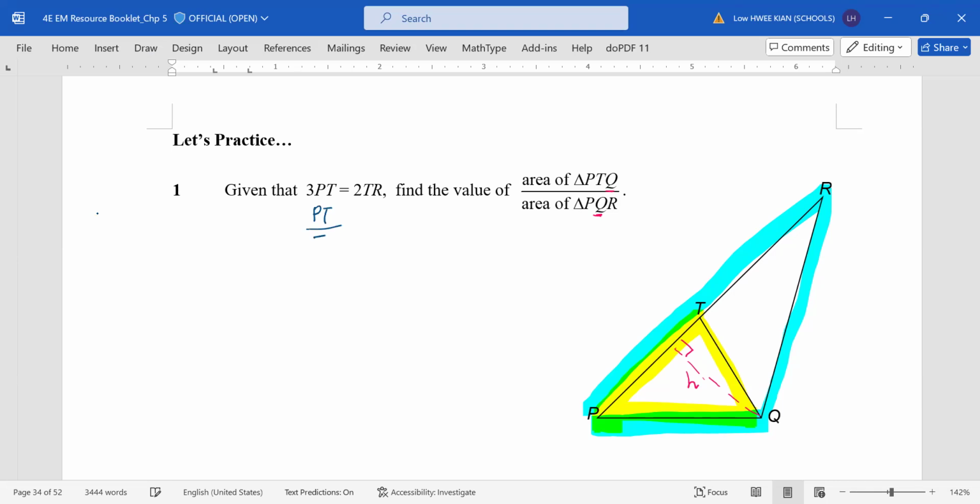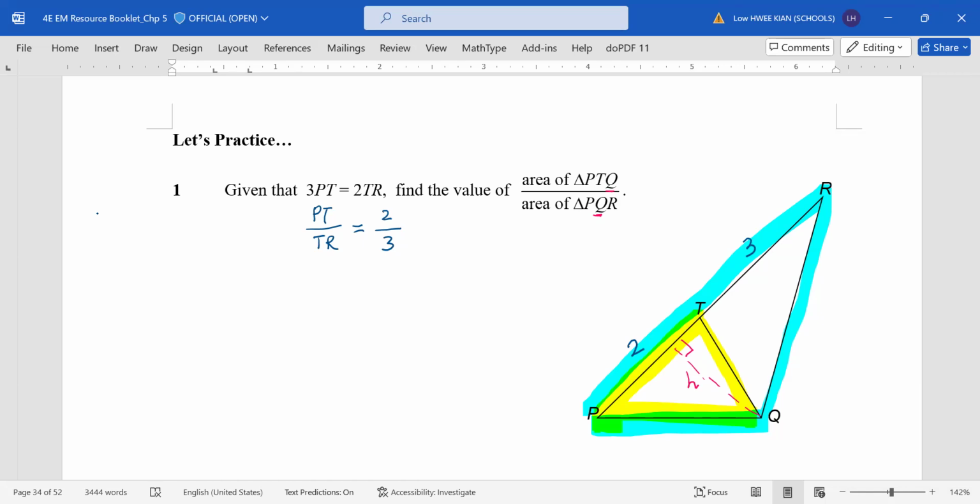Maybe it helps you to see. So I have PT over TR, which in turn gives us 2/3. Which means PT here is 2 units, and TR here will take up 3 units. So this is basically applying what we have learned earlier on in primary school.